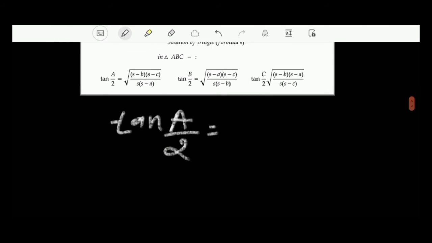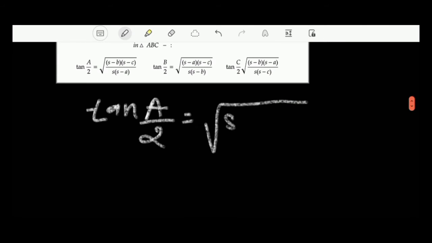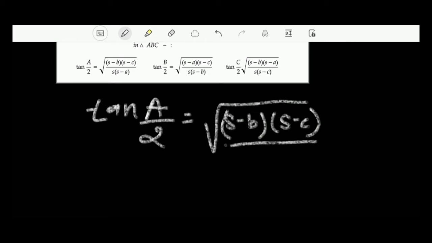So first is tan a by 2, which is equal to square root of s minus b multiplied by s minus c upon s into s minus a.